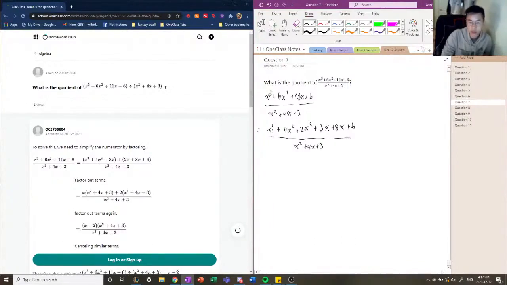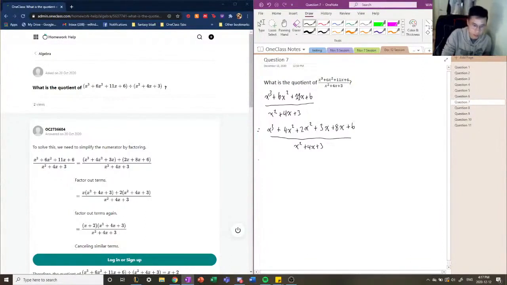Now that we have written this out in a different manner, we're going to rearrange the order of our terms to group it differently, okay? I'm going to take this 4x squared and this 3x and group it with my x cubed. And this 2x squared is going to be grouped with the 8x plus 6.